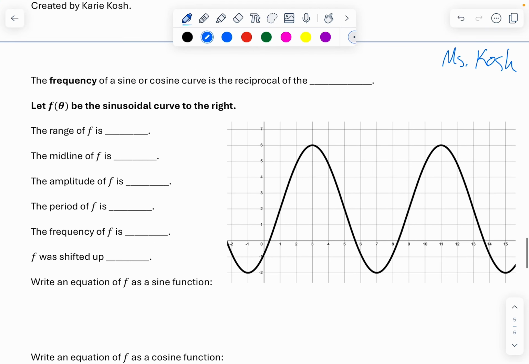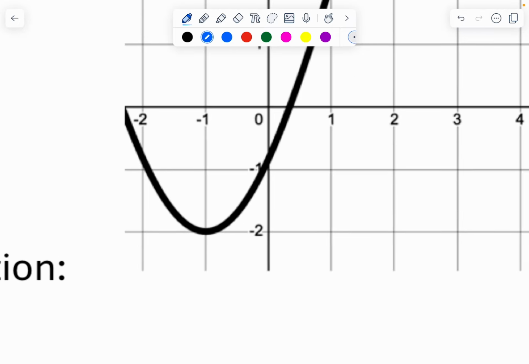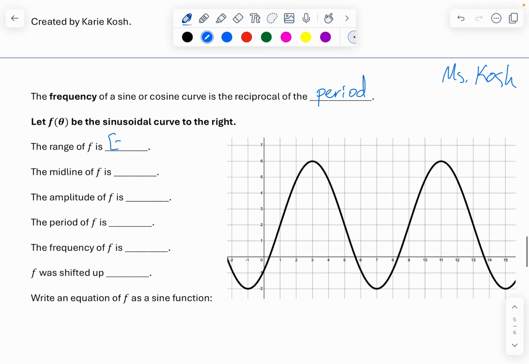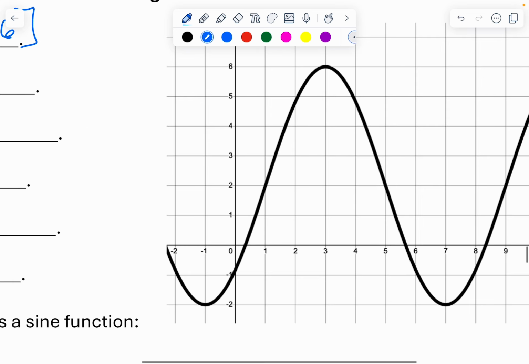Okay, let's look at this next little bit. I forgot to talk about this before, but the frequency of a sine or cosine curve is the reciprocal of the period. And when we start doing real-world situations in both PreCal and IB, that'll make more sense. So the range of this graph, let's see, -2 to 6. The midline, well, if we're at -2 to 6, that's a total distance of 8.